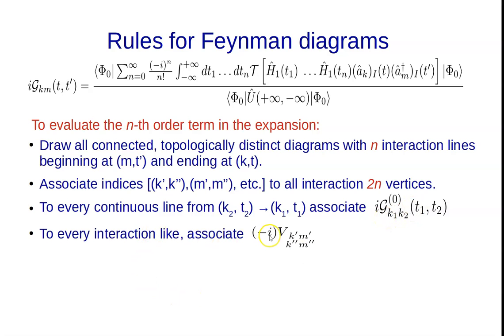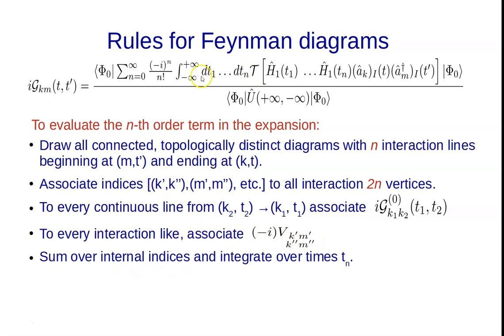Then to every interaction line, you associate this minus i. This minus i comes from this minus i to the n, times this integral of v_{k',k''}. Of course, these indices will depend on which vertices you are considering for that particular line.